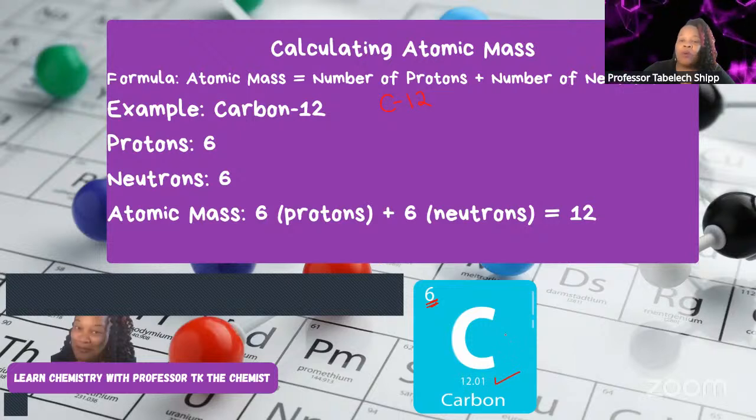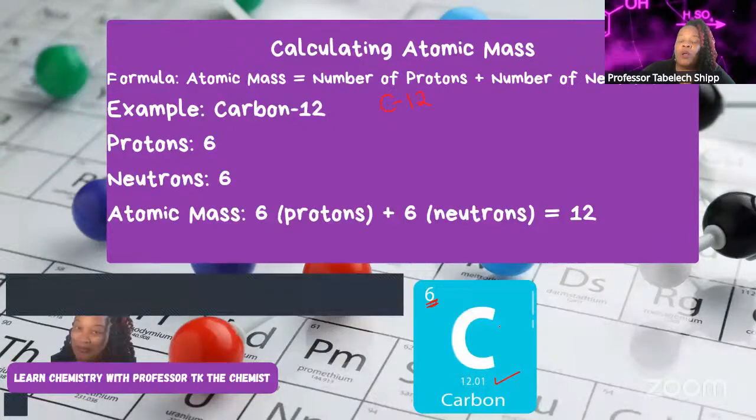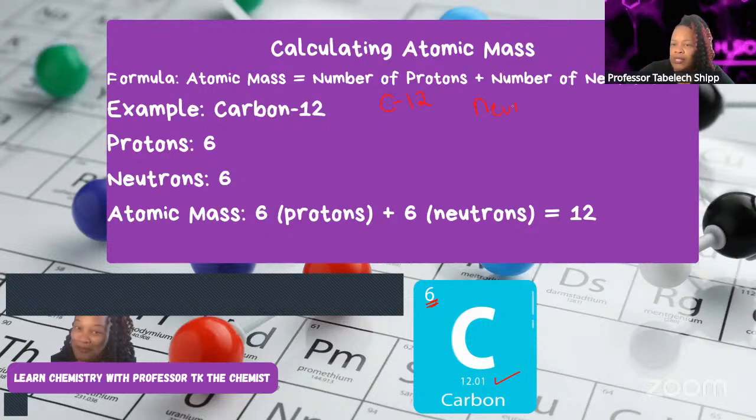All you have to do in order to establish what your protons are is to look at the atomic number. But here's something else that you guys need to know. To get your neutrons, and this is a great segue so that you guys can understand this, you're going to take the atomic mass number and subtract your atomic number from it. So in this case, we're going to say 12 minus 6.